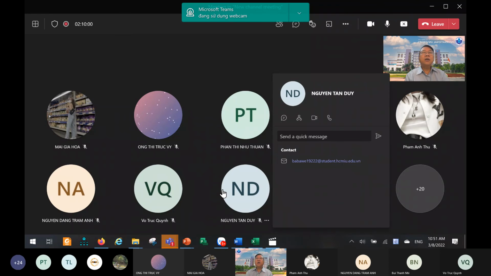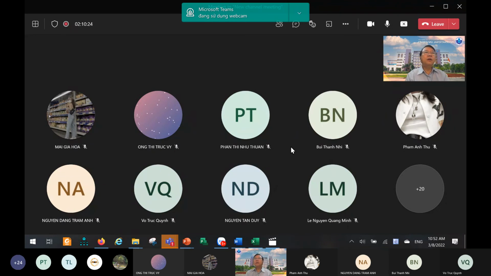Sẽ thi viết là không có multi choice, tại vì multi choice là phải close book. Theo quy định nếu mà thi multi choice thì phải là close book. Do đó sẽ có 1 câu lý thuyết và 3 câu tính toán.